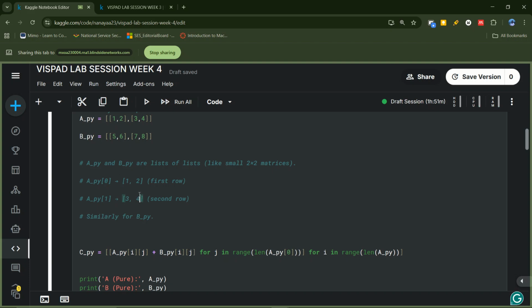Okay, so over here there's a small comment that says that A underscore py is a list of lists. You said it's like a small 2 by 2 matrix, right? So 2 rows, 2 columns, like how I represented it earlier. And if you want to grab A underscore py 0, it is 1 2.